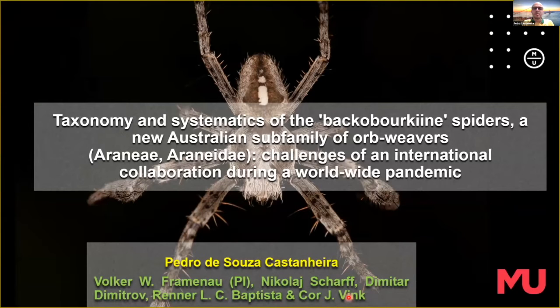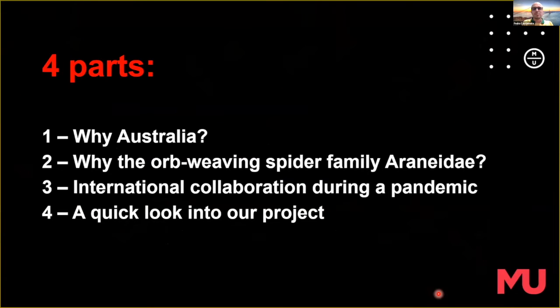My presentation is going to take place representing an assembly of researchers from Murdoch University and around the world. It's going to be a quick talk about the orb-weavers, a very widespread group in Australia. My presentation is divided into four parts.